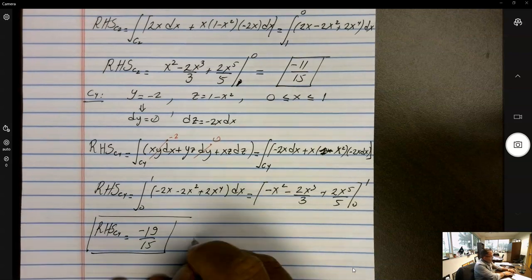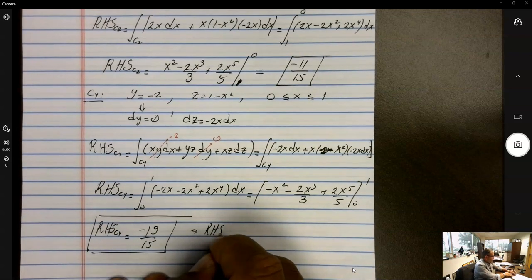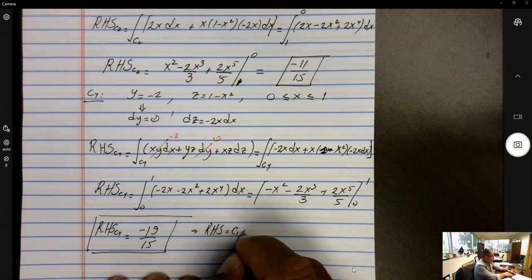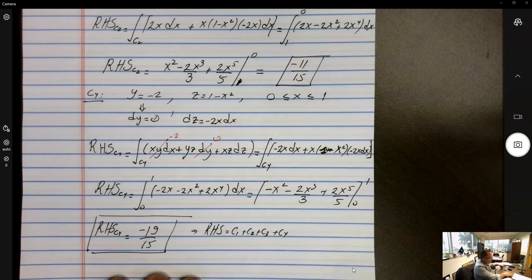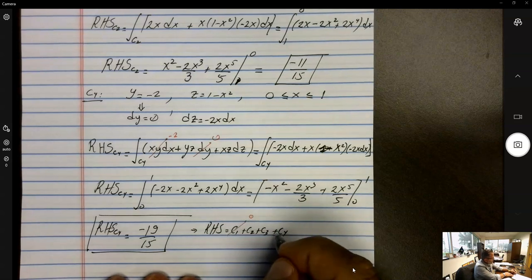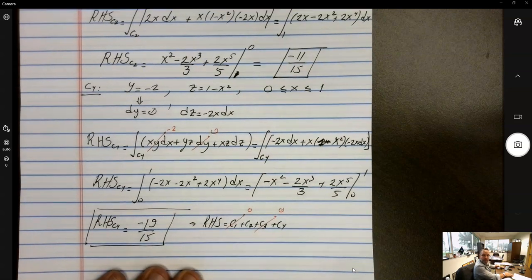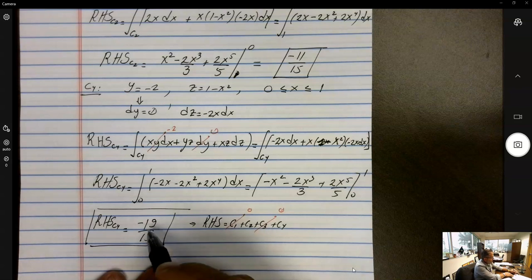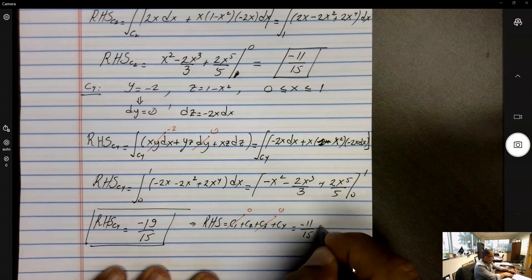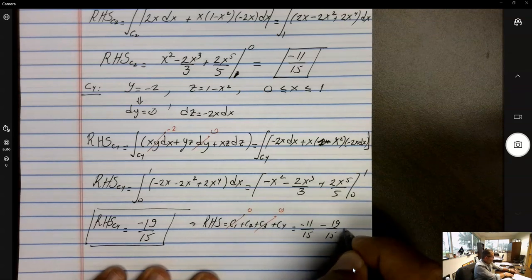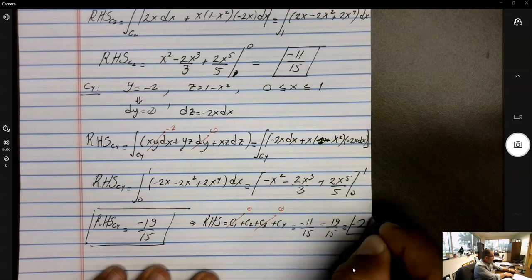So basically, the right hand side, which is the contribution over C1, C2, C3, and C4, where remember C1 and C3 gave us 0, C2 gave us minus 11/15, and C4 gave us minus 19/15, is equal to minus 11/15 minus 19/15, which is minus 2.